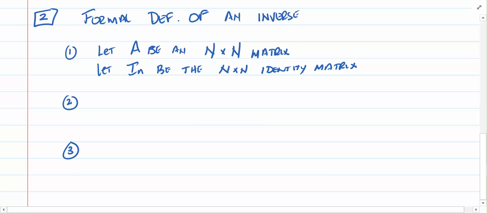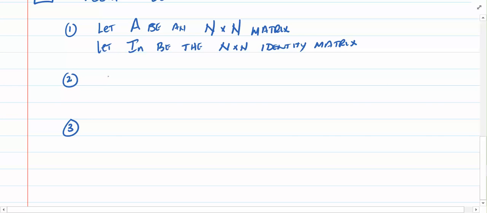So A is some square n by n matrix. I sub n is the identity square matrix, right? And so then part 2 is going to be this.